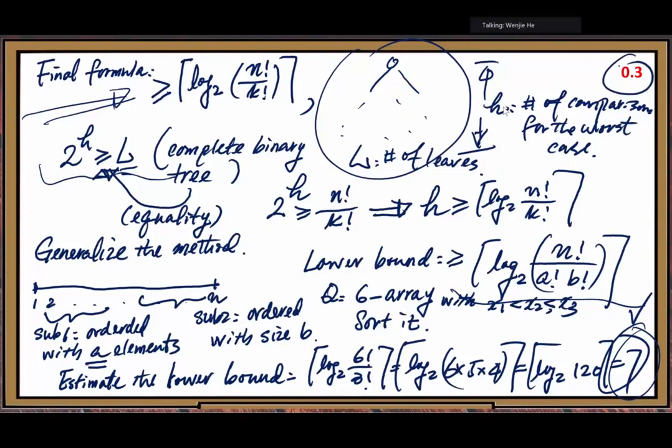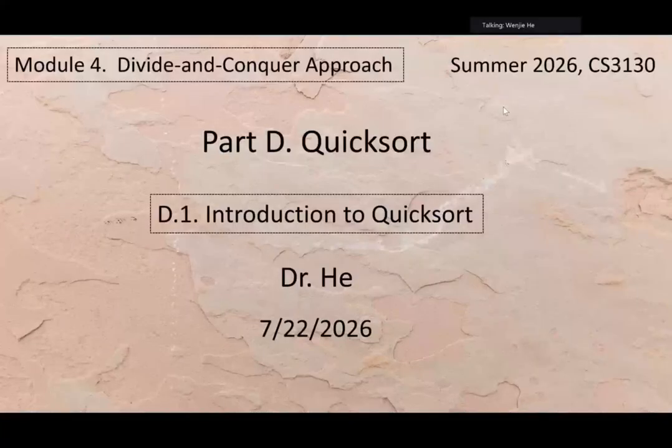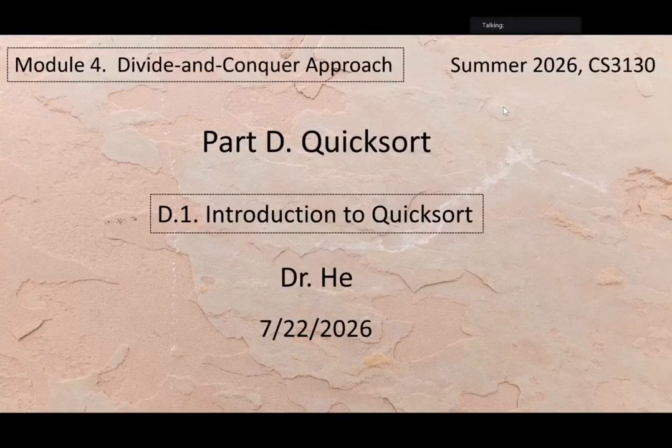Here I have some space to use, because I need to talk about a little more information here. We need to continue that question.